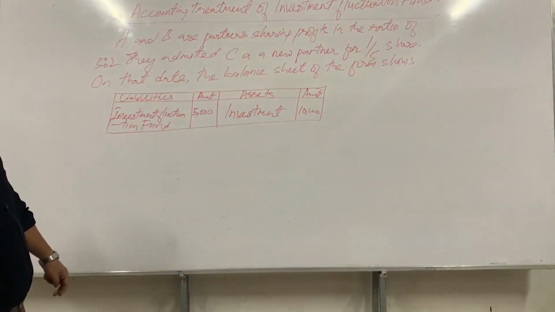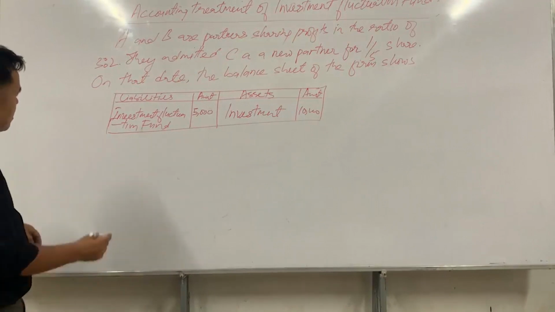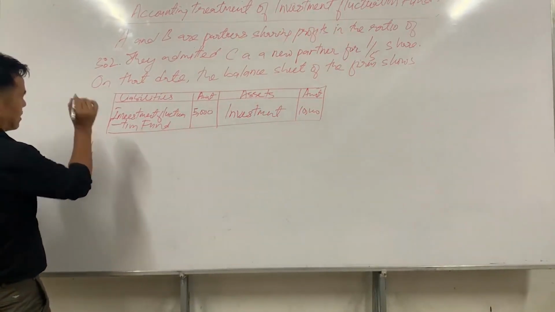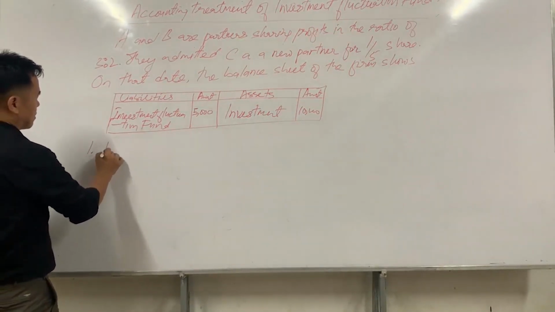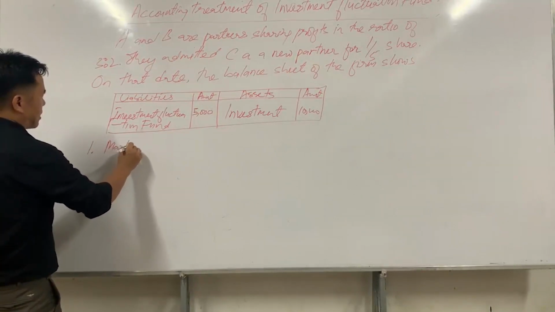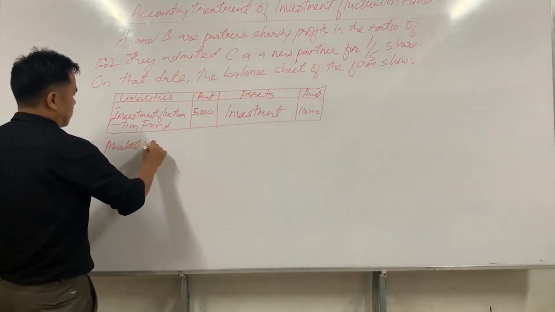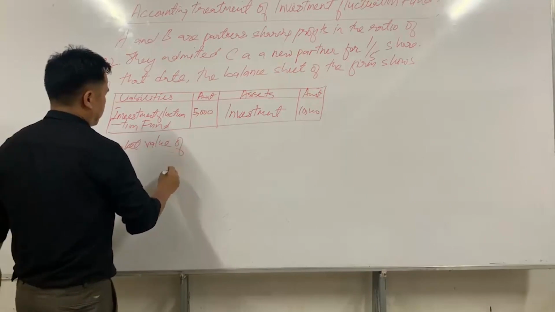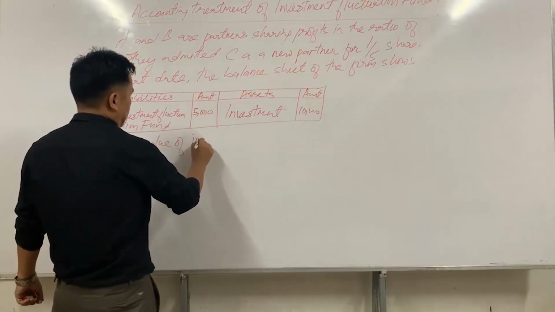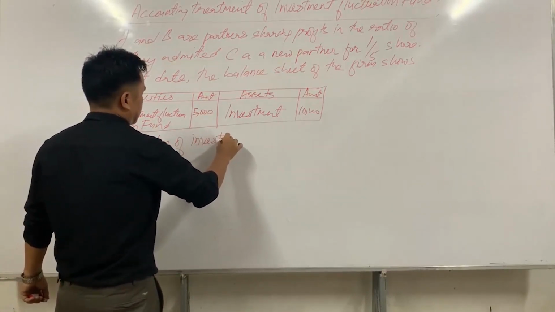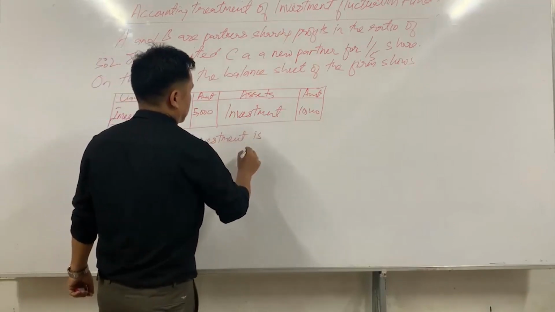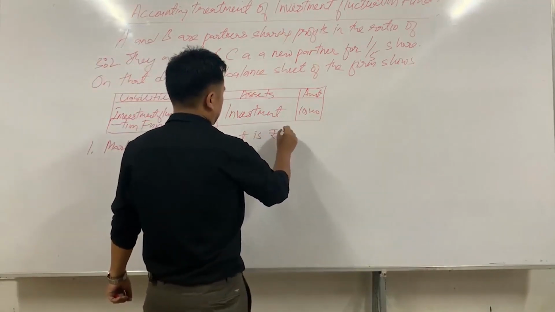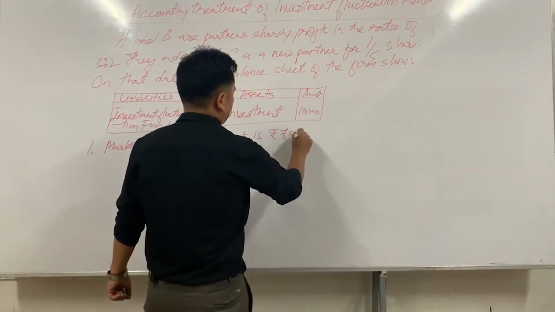So the different cases regarding the accounting treatment of investment fluctuation fund can be: case 1, market value of investment is say rupees 7,000.